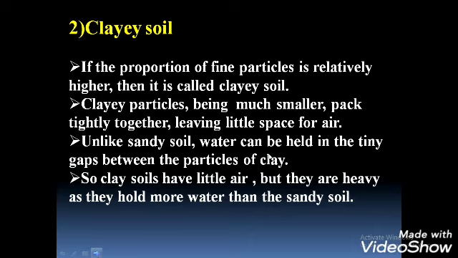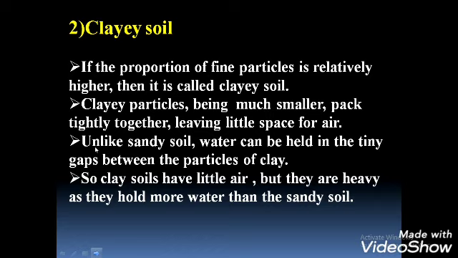You are very familiar with clay soil, right? We can make so many things like toys with clay, because these particles pack tightly together.